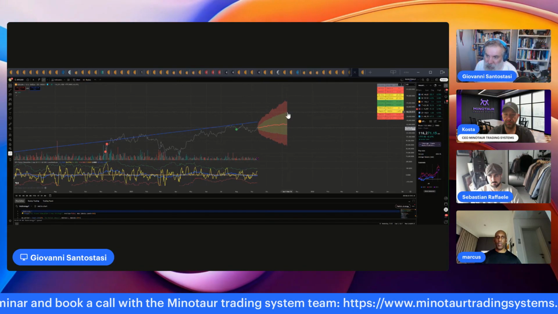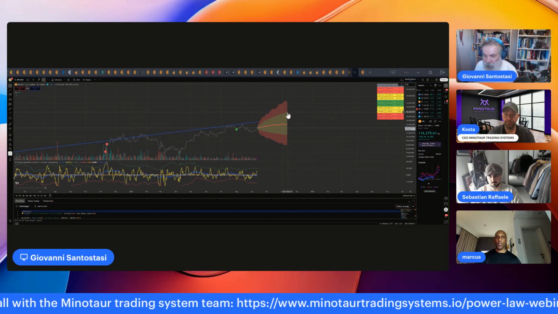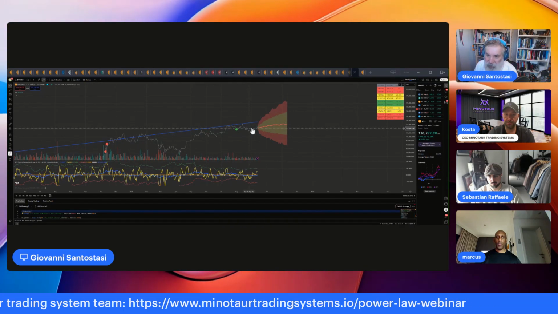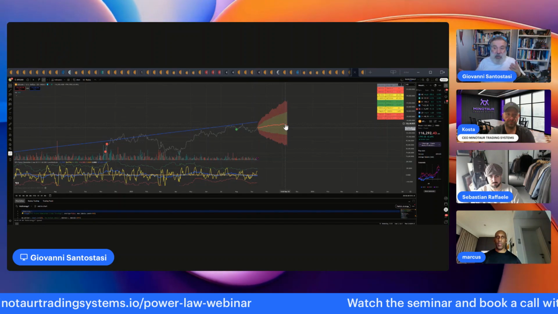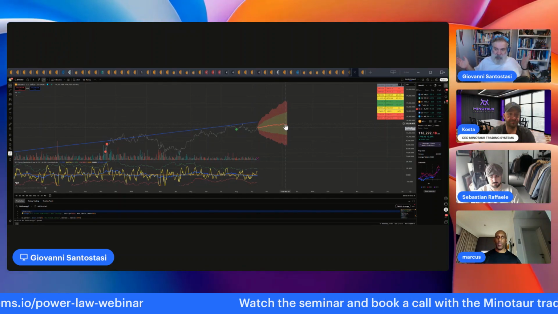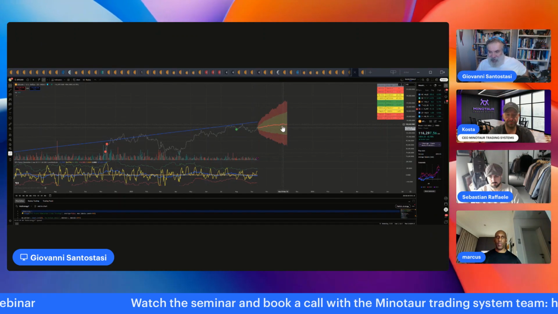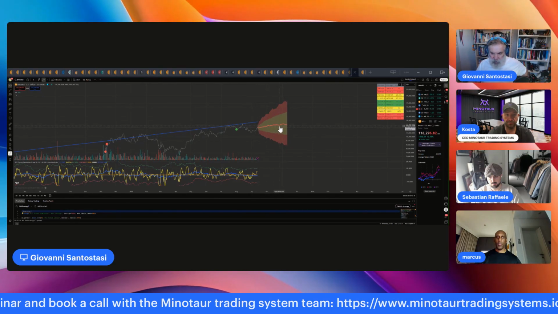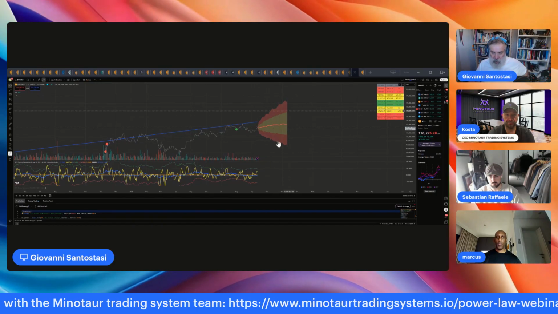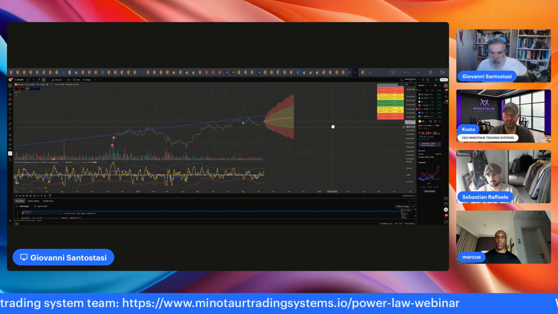The center of the likely paths is more like 148. Now, the red region is the median of all these paths, that is nothing else than the power law. So it's really interesting that we can derive a power law not through regression, but actually through averaging all these possible paths of a Monte Carlo.